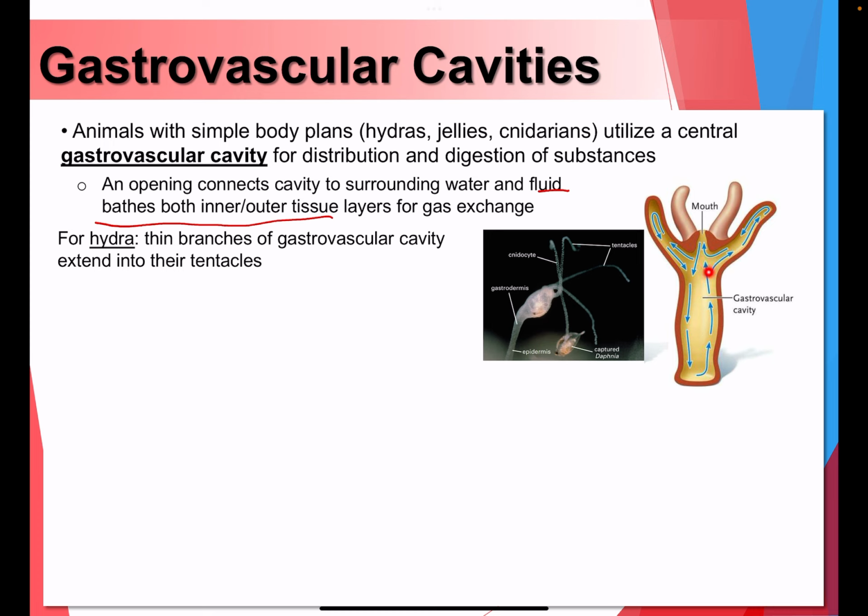Because if it doesn't circulate, then the tentacle cells will start to die off, because they can't get that distribution of nutrients and gases. So they have those thin gastrovascular cavities even within the tentacles. That way, every single one of their cells gets the nutrients they need.